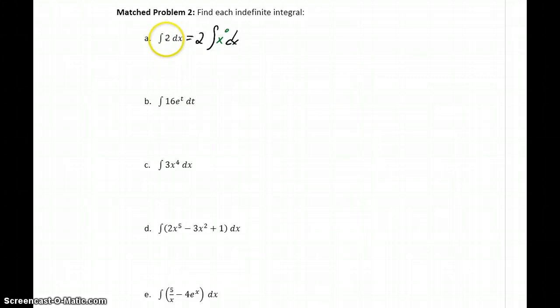So anytime there's no variable present, we can always think of having an x to the 0 power, which means to integrate this, we would take 2 times x, and then we'd increase our exponent by 1, divide by that exact same amount, and then add that constant plus c, or just 2x plus c in this case.